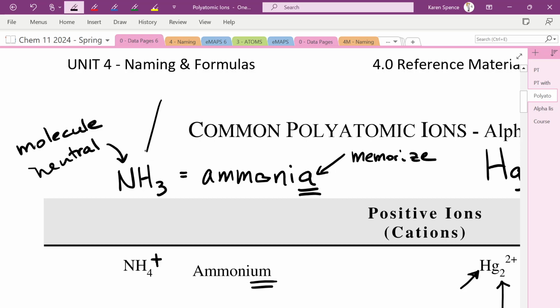What would we normally name this compound if you were using the rules that we learned in the last few days? Nitrogen trihydride. I'm not going to mark it wrong if you write that, but if you write ammonia, that is also good, okay? Plus, if I write ammonia, you should be able to write NH3, okay?